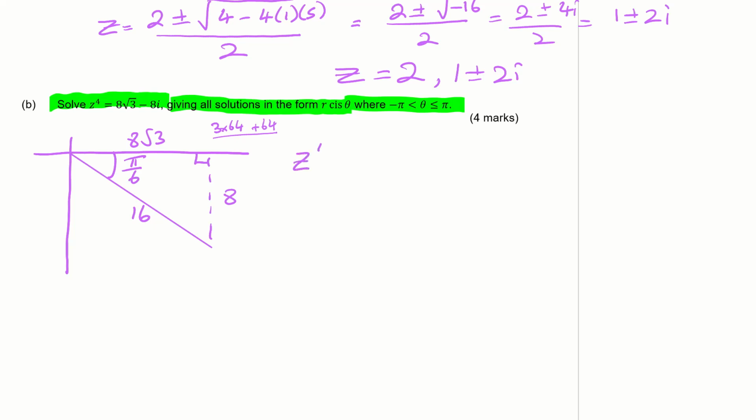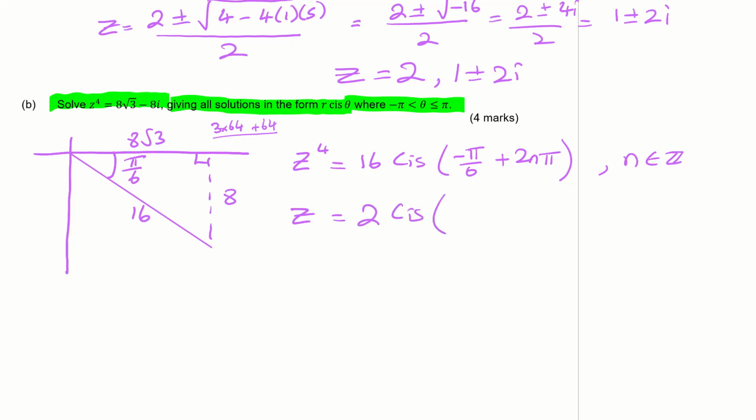So we can say that our z to the 4 is 16 cis negative pi by 6 plus 2n pi, where n is an integer. So z is going to be the 4th root of 16, which is 2, and we divide the argument. So that's going to be negative pi on 24 plus n pi divided by 2.